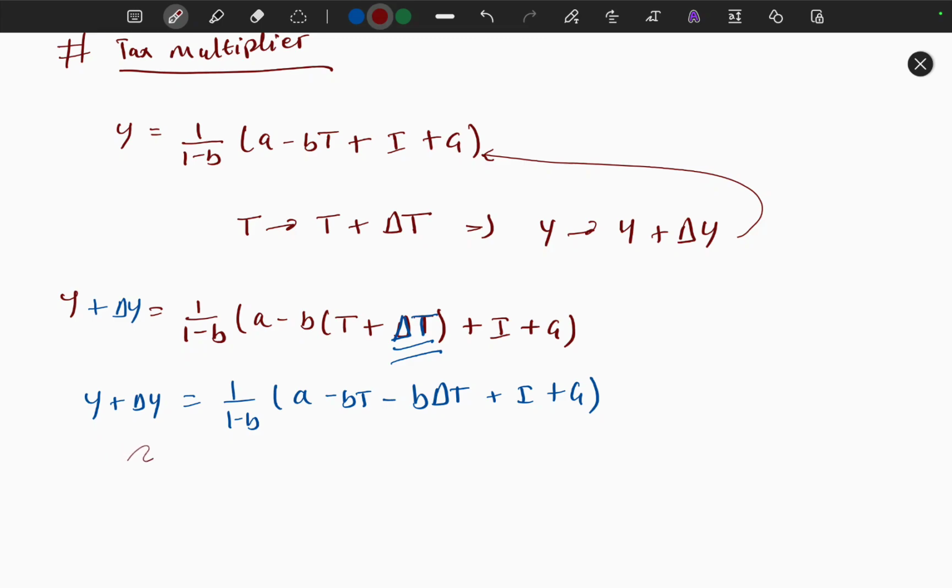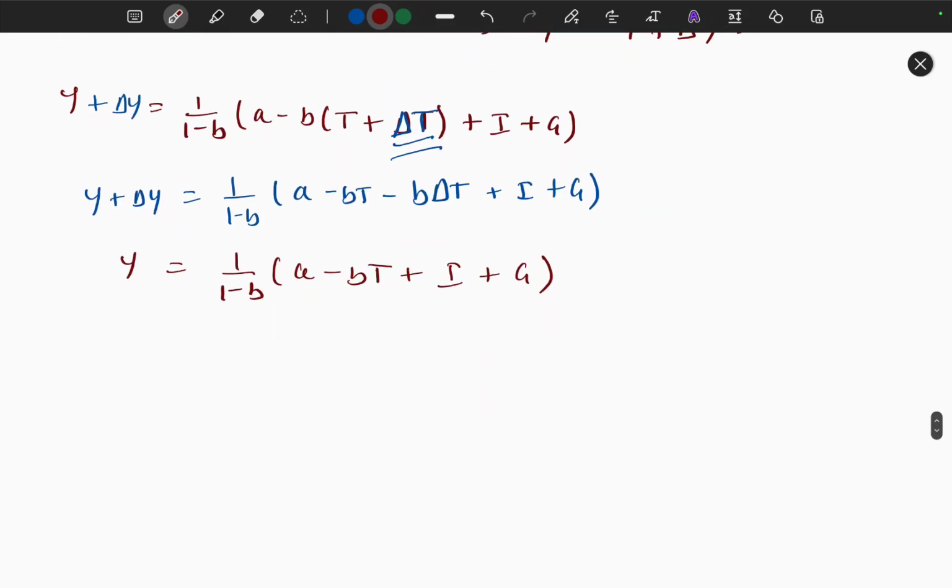So here I'm going to subtract y equals 1 over 1 minus b times a minus bt plus I plus G. Alright, so the common terms will get cancelled out, and we will be left with delta y equal to 1 over 1 minus b times minus b delta t.